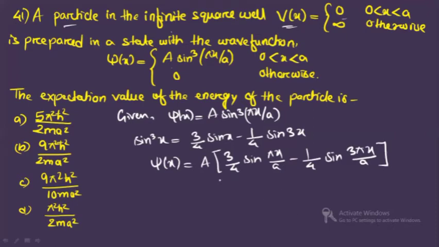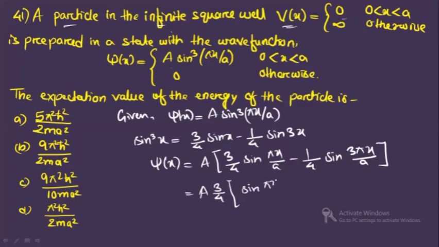Now you see, in this entire case, you can write this wave function in terms of the infinite square well also. How will we write it? You see, this a is outside. And with this, if I take 3 by 4 common from this entire term, what will we have?